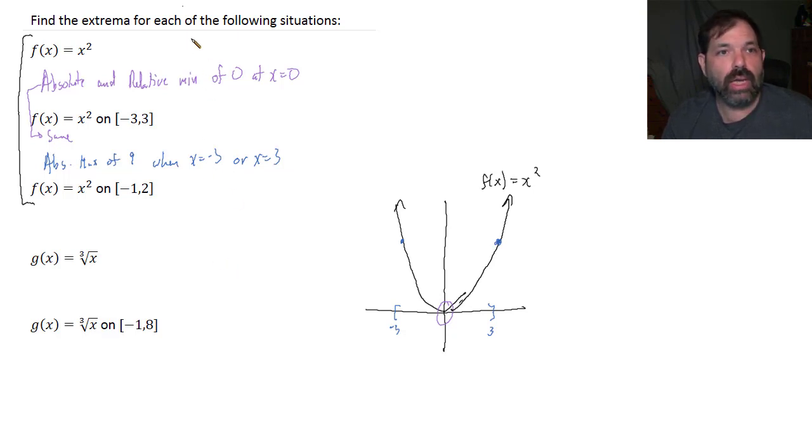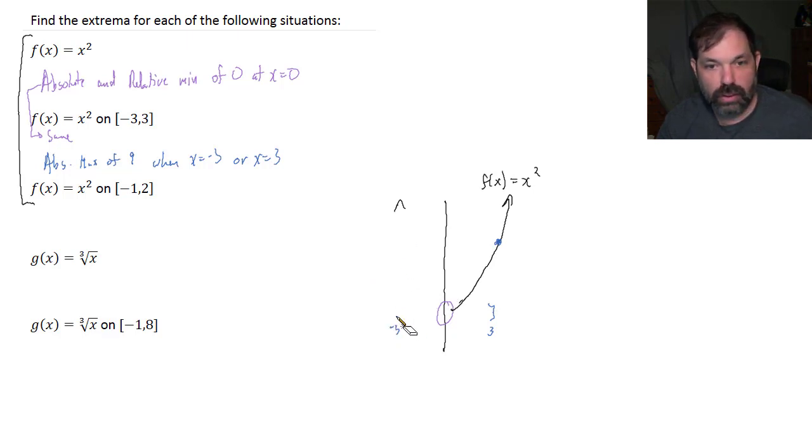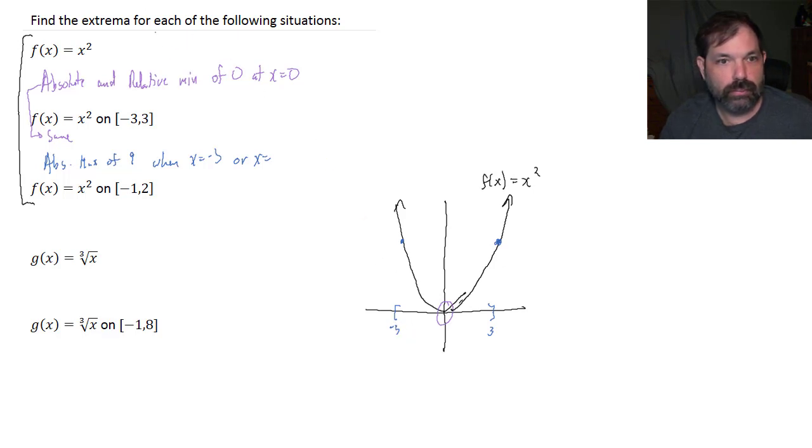Okay, now let's change it again. What if we now have the function x squared over the interval -1 to 2? All right, so now let's look over the interval -1 to 2.